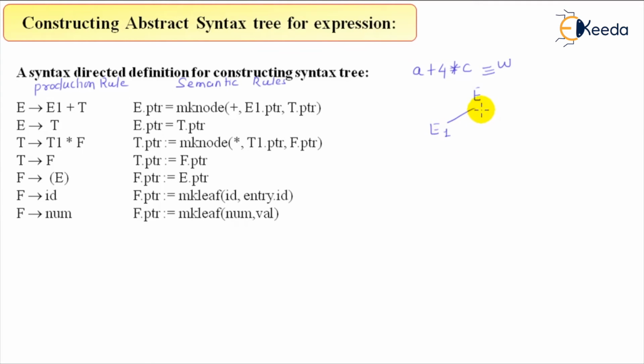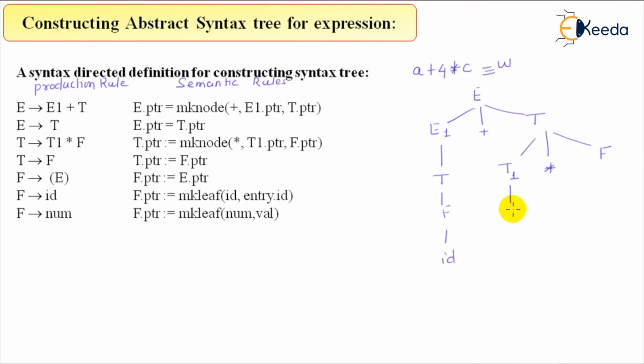We call this e1, same e, but e1 for naming convention, and t. Then we have t derive t star f, and just for left and right hand side we call it t1. Then e derives t, t derives f, and f derives id.